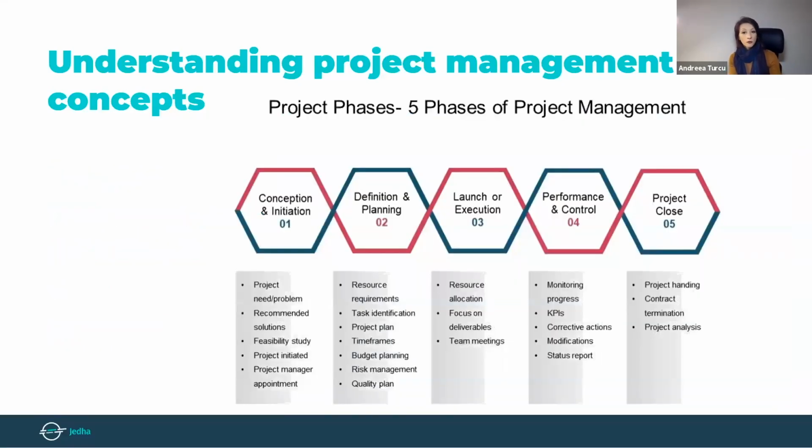The Association for Project Management defines in more detail these 5 steps or phases, but what you need to keep in mind is the following. The initiation phase ensures that the project will stay on track and defines the means of achieving its scope.